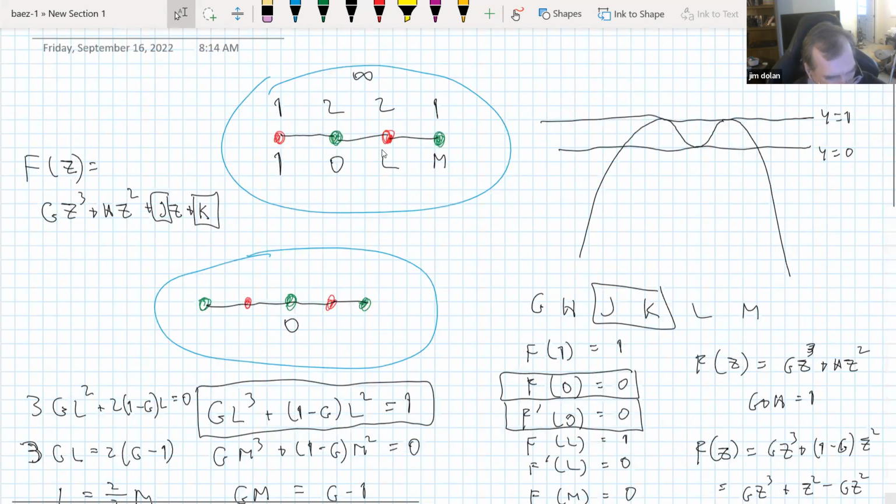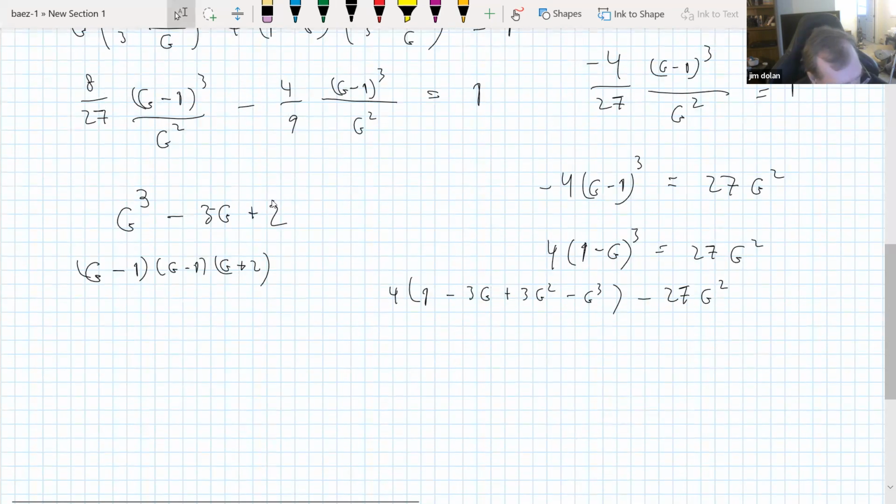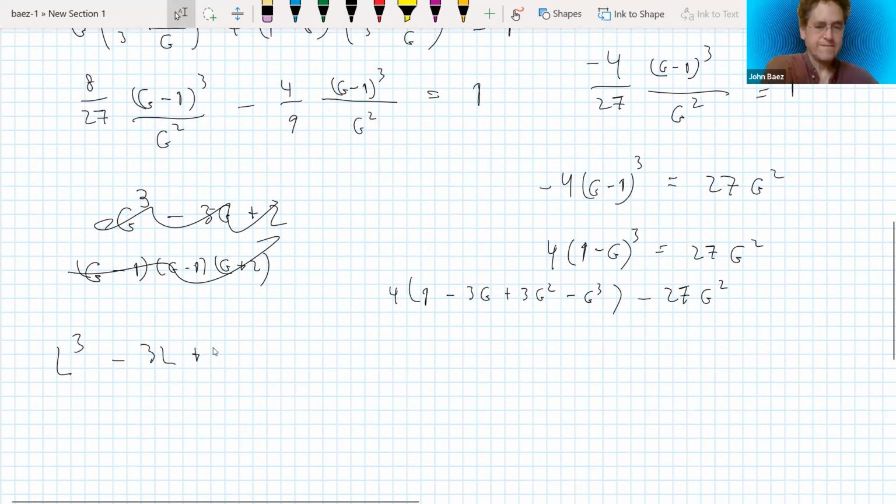Yes, L is the one that I'm expecting to work out to be -2. So what I actually had was, let me cross that out, something like L cubed minus 3L plus 2 equals 0.